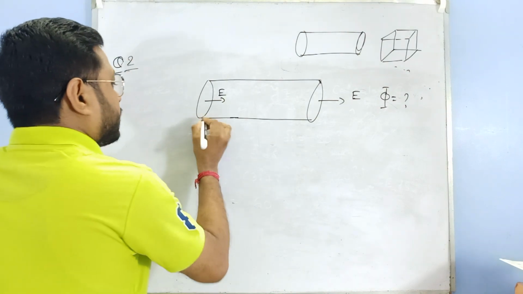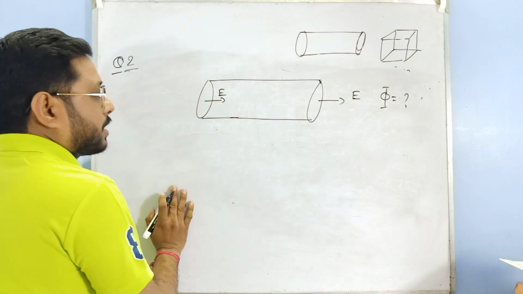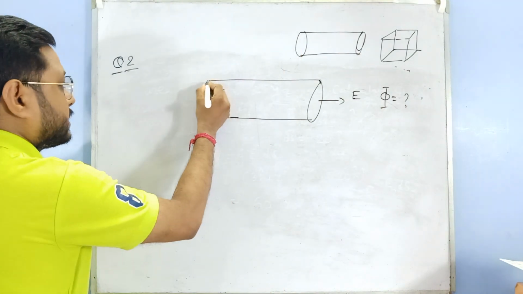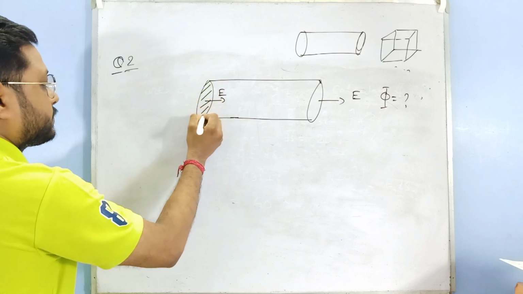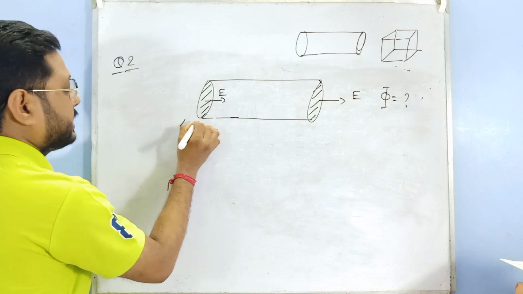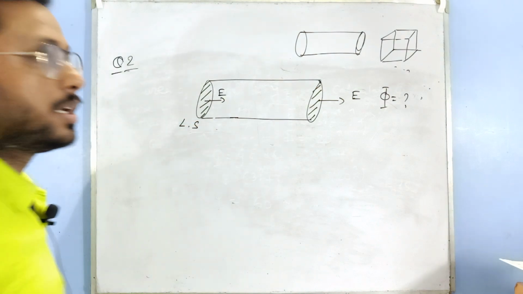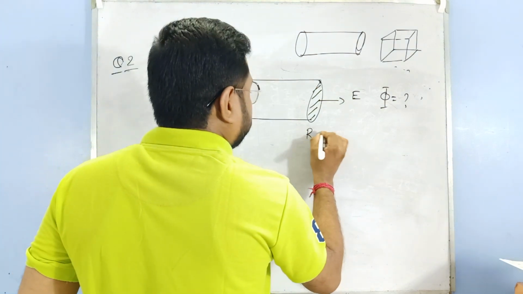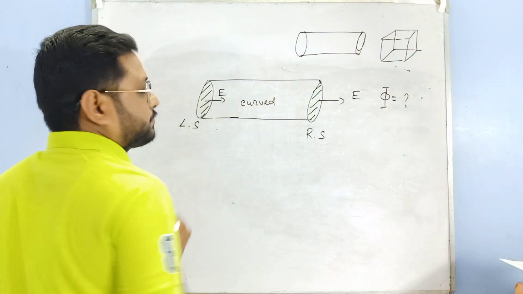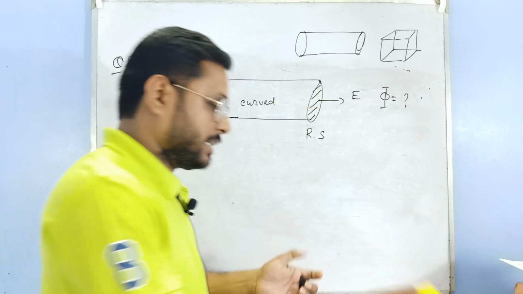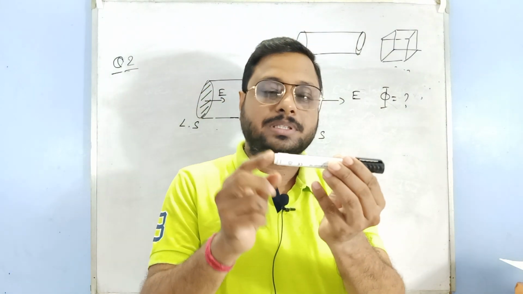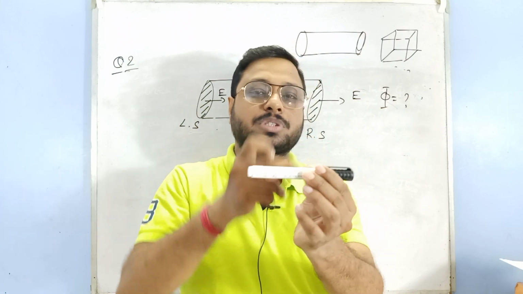For this cylinder, we can get 3 surfaces. One is the left surface, taking it as LS, and the other is the right surface, and the middle portion is the curved surface.